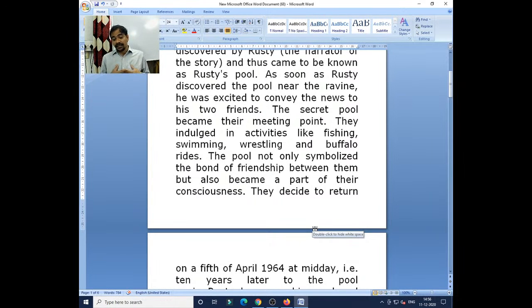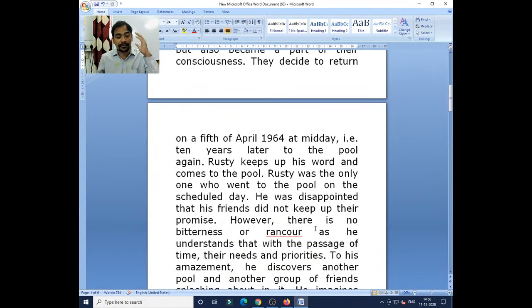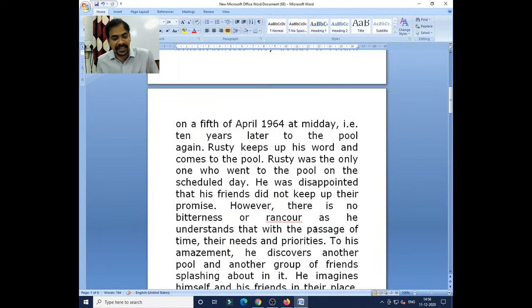They decide to return on 5th of April 1964 at midday. It means 10 years later. Up to 10 years, when they were small children passing their childhood, the pool was an effective tool for them. But after 10 years, as soon as they grow up, they become conscious and responsible, because parents want children to be sent to other places to attend education.